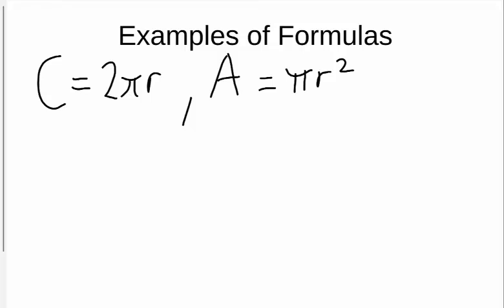You might have seen other formulas like, for an example, volume of a cube or of a prism equals length times width times height. These are all examples of formulas.